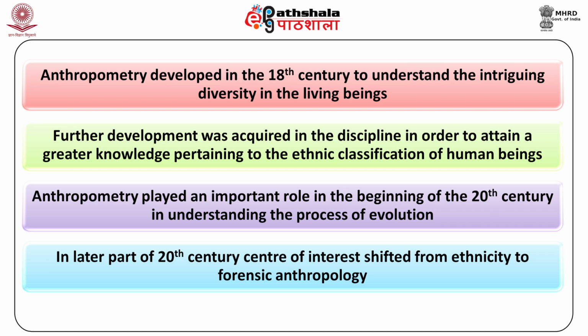In the following years, the discipline developed further in order to attain a greater knowledge of the ethnic classification of human beings. Anthropometry played an important role in the beginning of the 20th century in understanding the process of evolution. In the later part of the 20th century, the center of interest shifted from ethnicity to forensic anthropology.